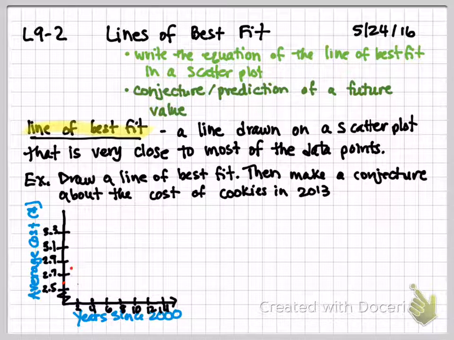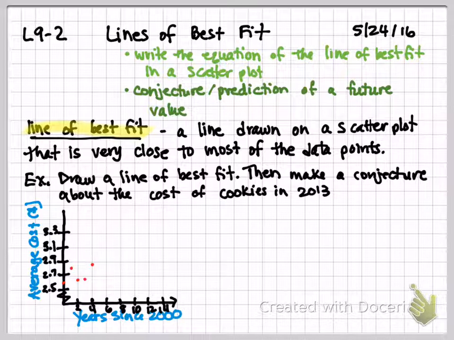So here's 2.65, would be about here. And then 2003 is 2.67. So close. And then in year 2004 was 2.88. So real close to 2.9.